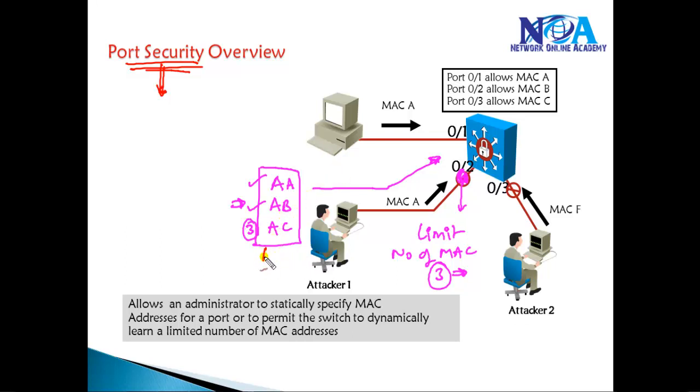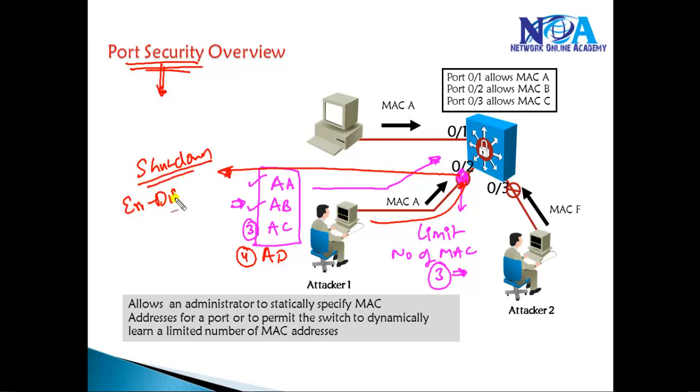And whenever the switch learns a MAC address AD, the 4th MAC address, automatically it is going to put the port into a shutdown state, more like an error shutdown, which we call the error disable state. And this port will not be able to access any of the resources because it has a violation rule.